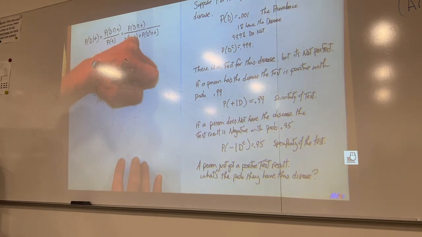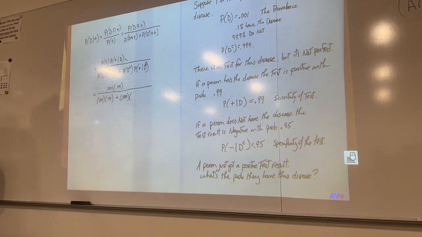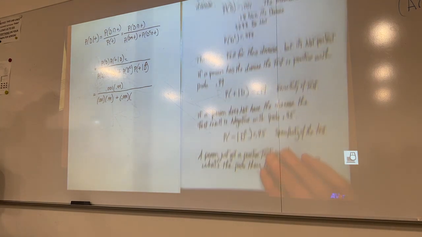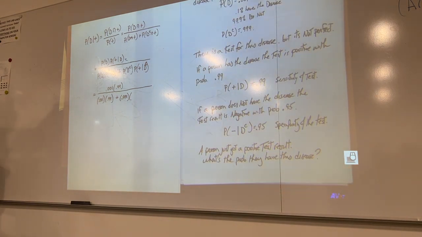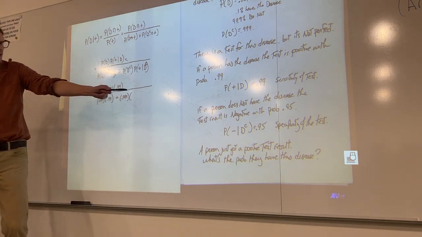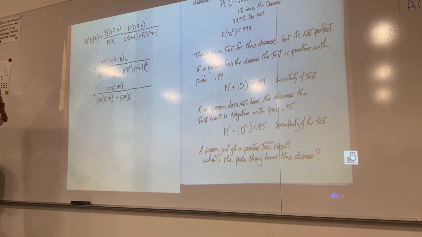And now this one thing that I didn't quite address earlier here, okay? But we've seen this in action, right? With the specificity of the test, the probability, given a person does not have the disease, the test is negative with probability 0.95.